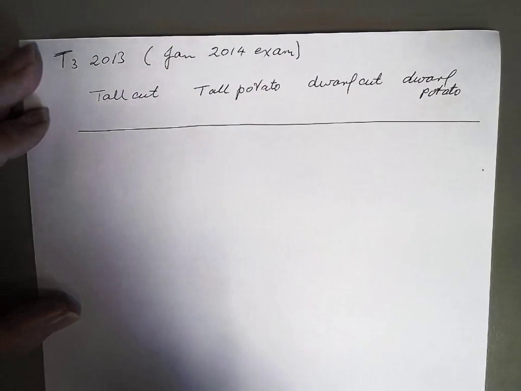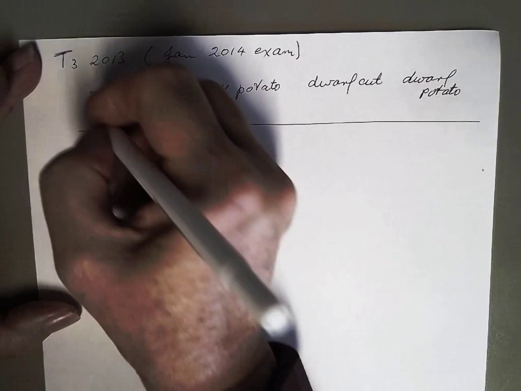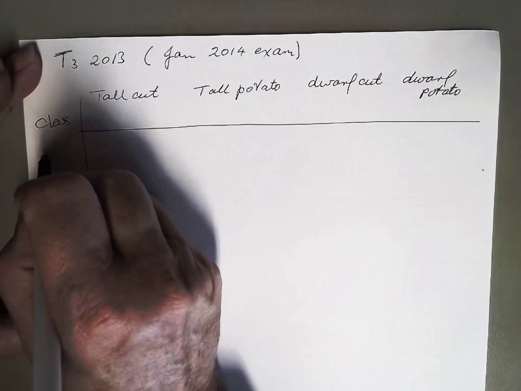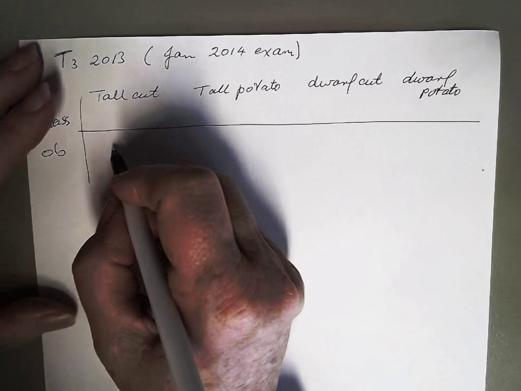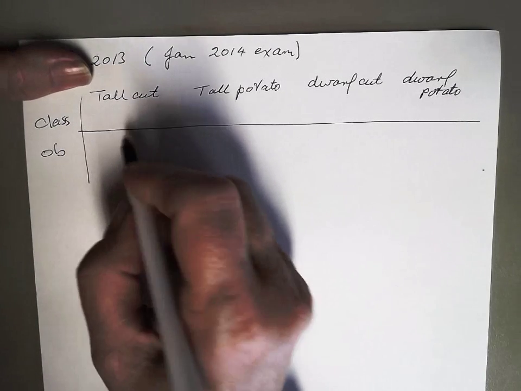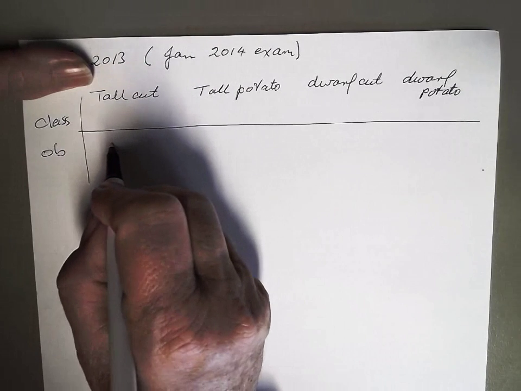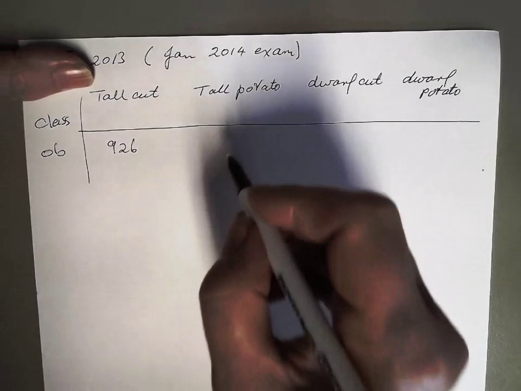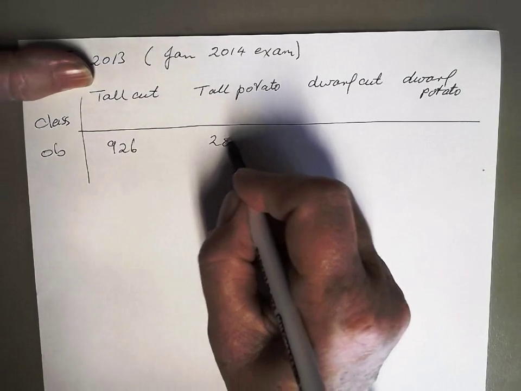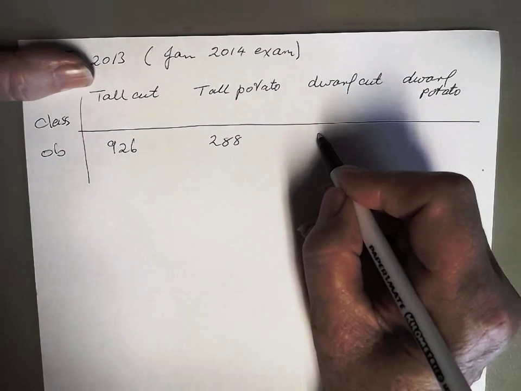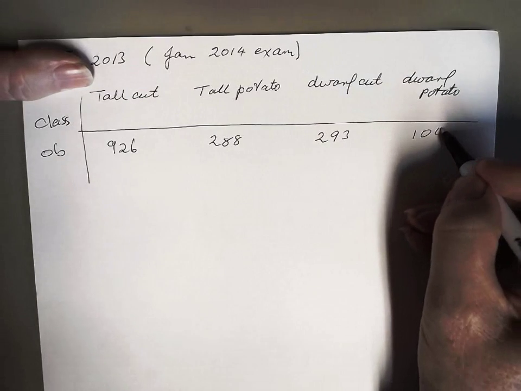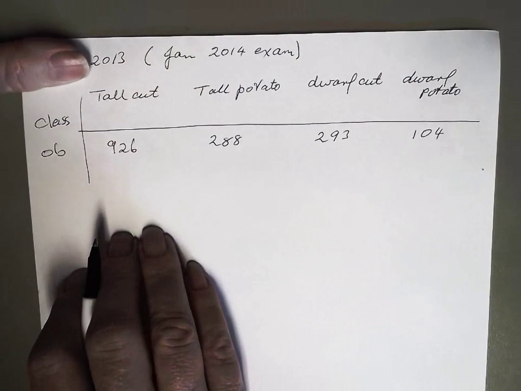Now they were the different classes we had. After the plants grew, it was found that there were 926 of them in the tall cut category, 288 tall potato, 293 dwarf cut, and 104 dwarf potato.